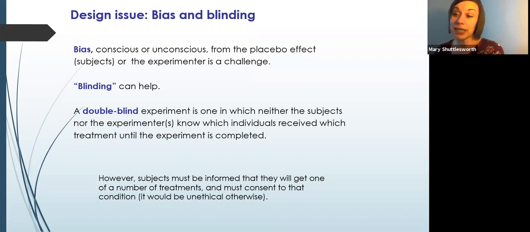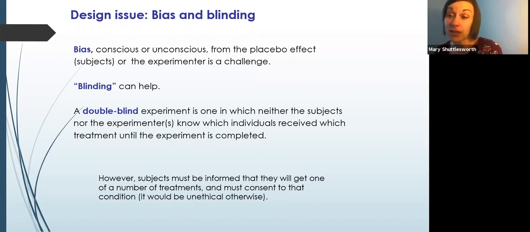So with blinding, the experimenter or the participants, okay, so in this case, if it's a single blind study, either the experimenter or the participants don't know which condition they are in. So they don't know if they're getting the placebo or if they are getting the real active drug. So they don't know, they are blind to it. In a double blind study, both the experimenter and the participants don't know who is getting what, okay?